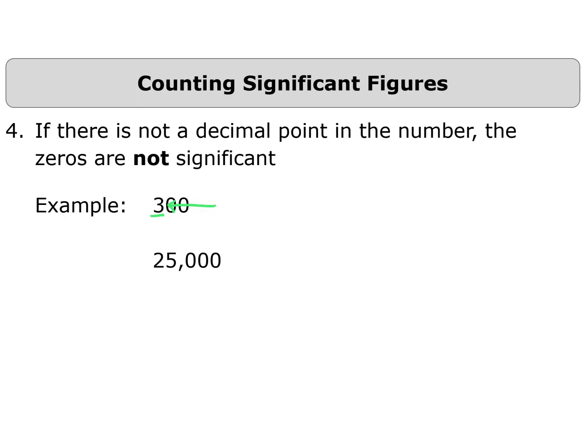So here 300 would have 1 significant figure. And then for 25,000, again, we don't have a decimal point there, so we could draw our arrow from the right to the left to the first non-zero number, and then we would have 2 significant figures.